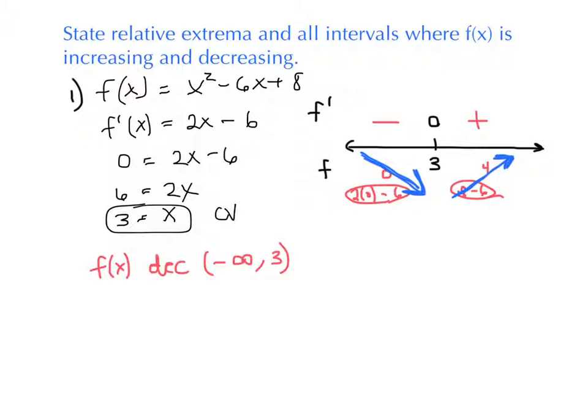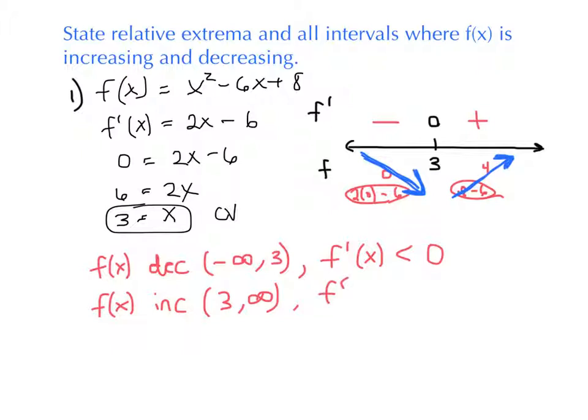Well, it is decreasing because of what was happening on the top there, because f prime of x was less than 0, was negative. We can also conclude that f of x is increasing over the interval 3 to infinity, because f prime of x was greater than 0 there.